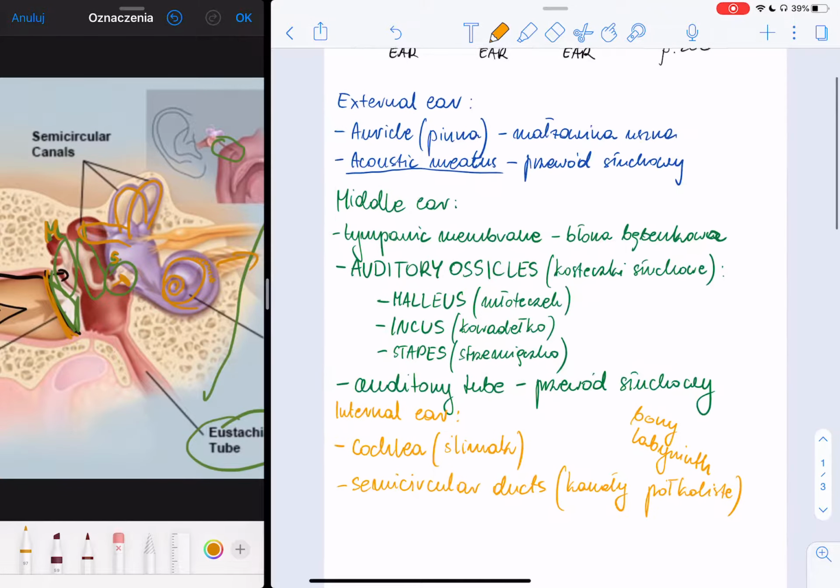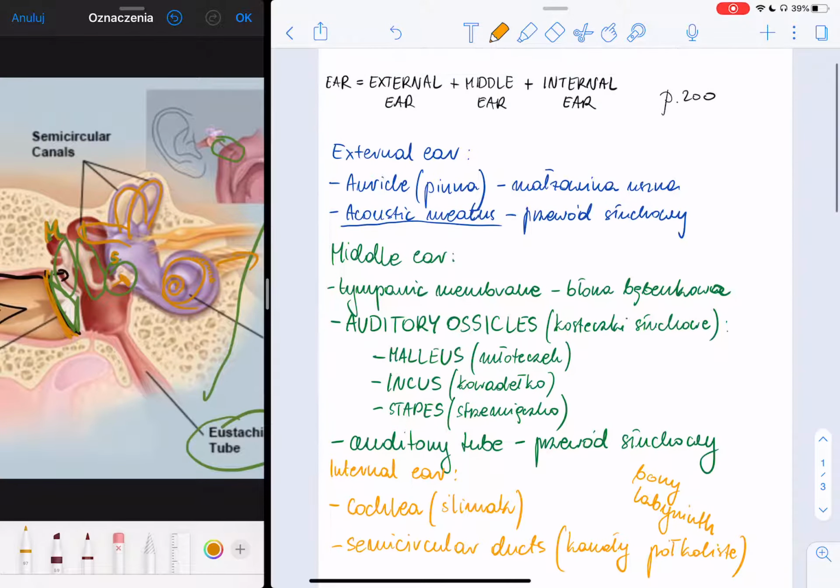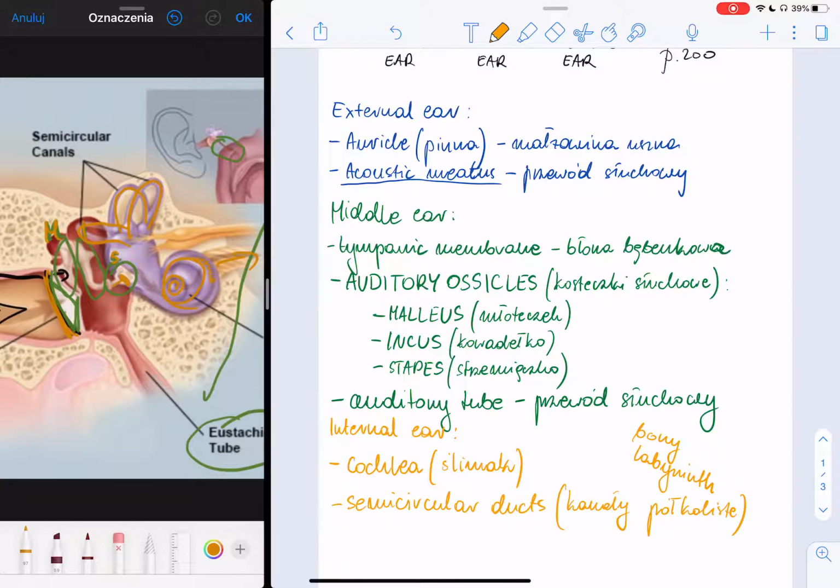So, guys, external ear and middle ear totally, and also cochlea from the internal ear are responsible for perceiving and then translating the sound wave into a nervous impulse, and semicircular ducts are the organ of balance.